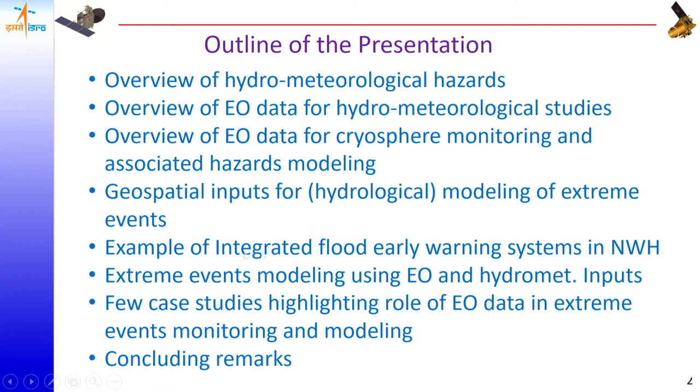And then as you come into the flood plain, flood is the major issue where the integrated flood early warning system has to be done. And then some extreme events modeling, I will show the study and how those inputs have been integrated into these modeling frameworks. And finally the concluding remarks.